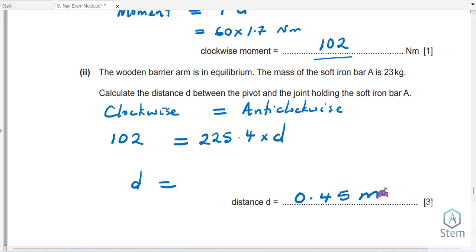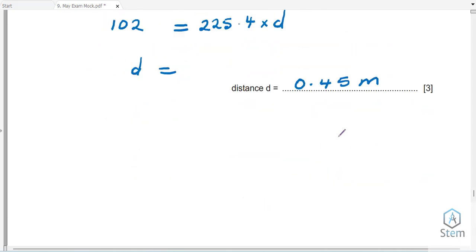That is the distance we get, 0.045 meters.